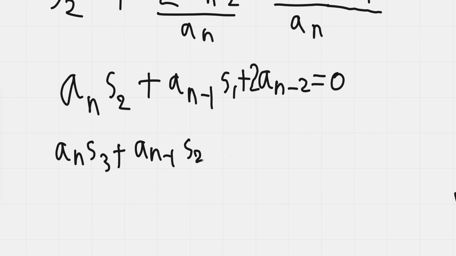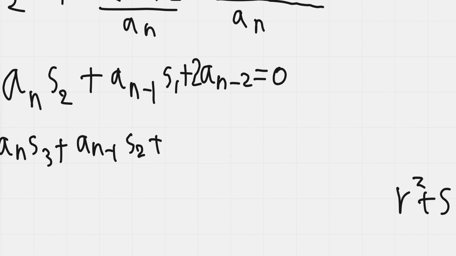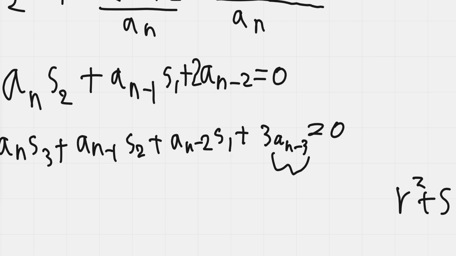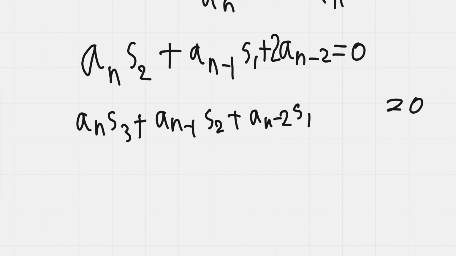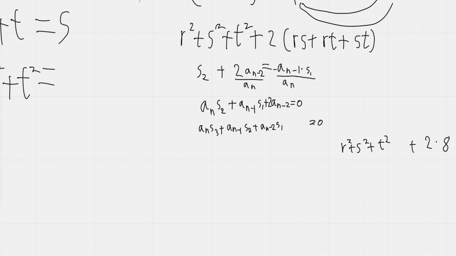So it'll look something like this. Plus 3 times a sub n minus 3 equals 0. And if, let's say, this term is not present because it's just a quadratic, you'd omit it from the expansion. Okay, let's see if we can use this to help us.